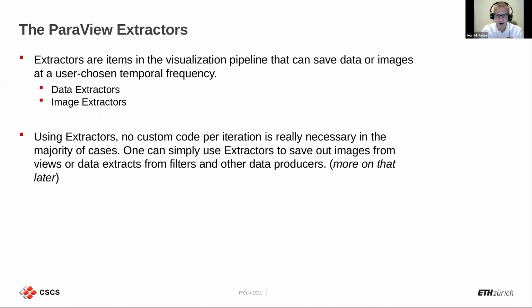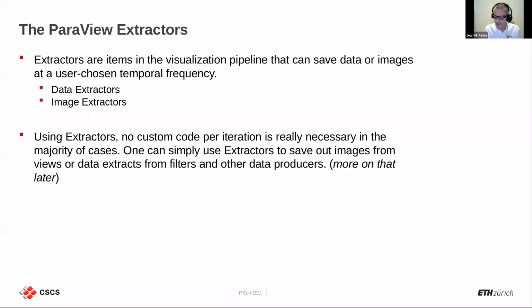Now, to set up our visualization using Catalyst, several ingredients will make our interface task much easier. The first one are the so-called ParaView extractors. Extractors are objects which we find in the visualization pipeline, and they can save images or data to disk.